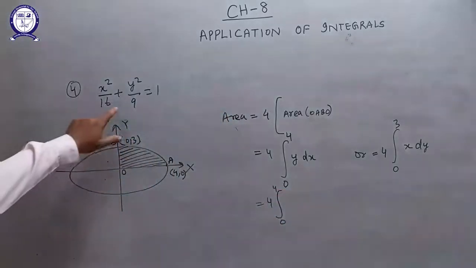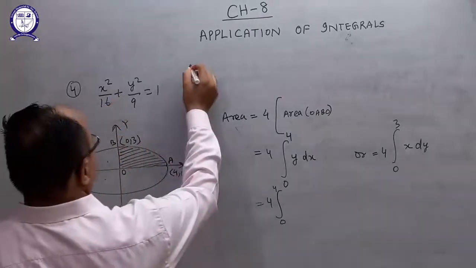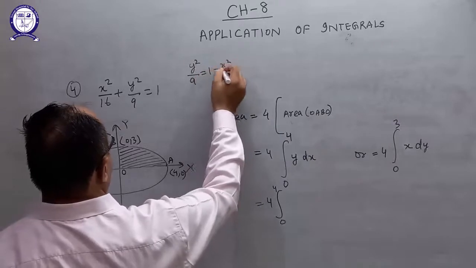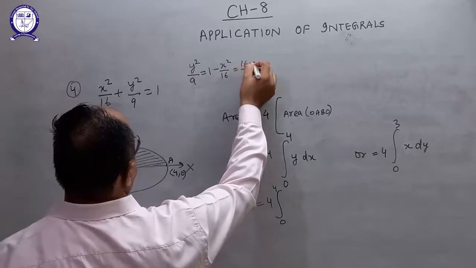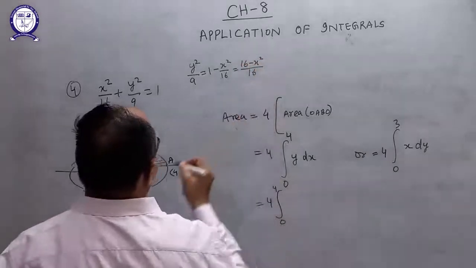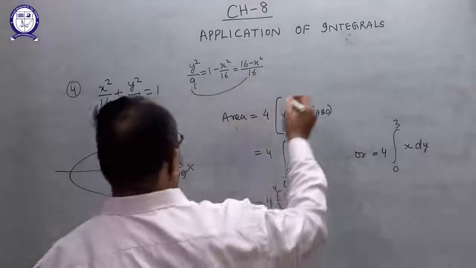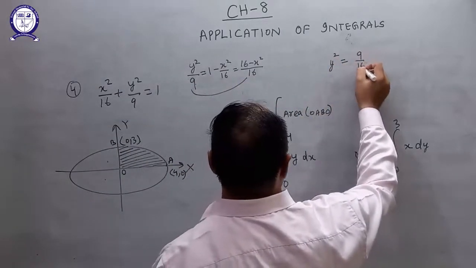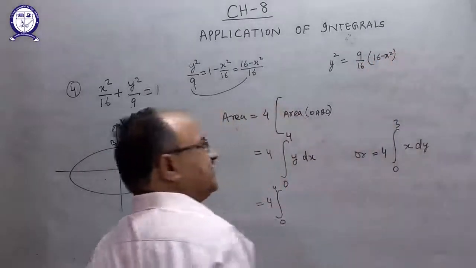What is the value of y from here? You know that y square by 9 is equal to 1 minus x square by 16, LCM 16, that is 16 minus x square. Therefore, the value of y square is 9 by 16 into 16 minus x square.